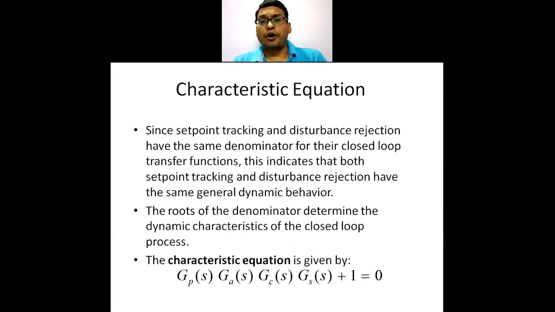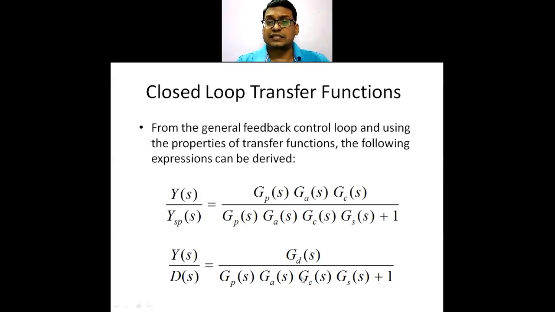Since set point tracking and disturbance rejection have the same denominator in their closed loop transfer functions, this indicates that both set point tracking, that is ysp or R, and disturbance rejection, that is U, or in this figure D, have the same general dynamic behavior because their denominator values are the same.